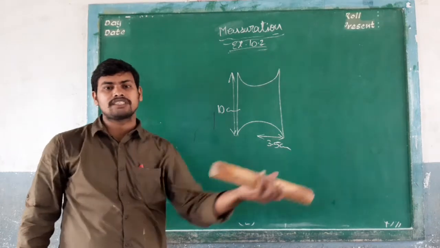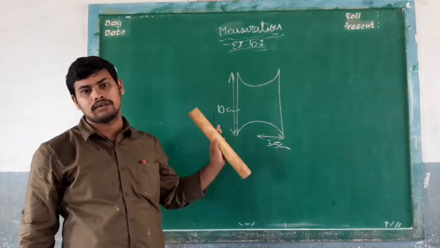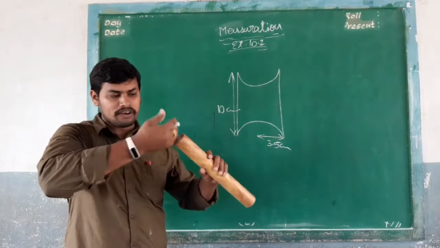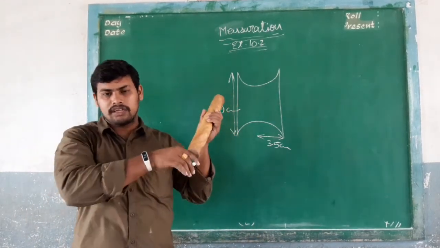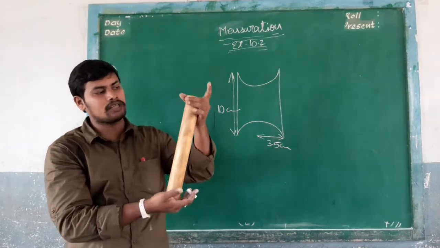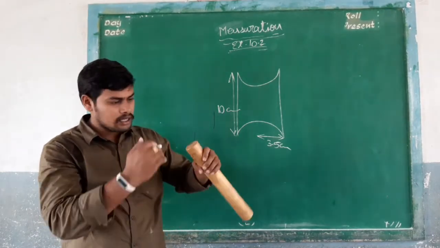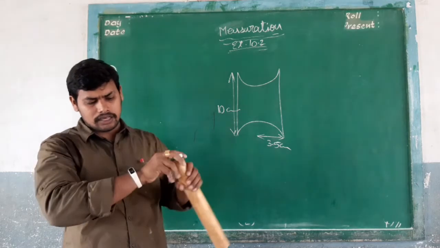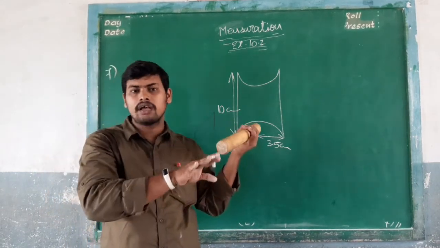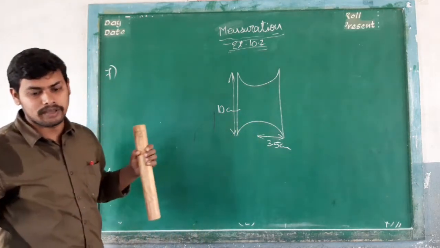Find the total surface area of the given solid. Here you have to scoop from this side, and from this side also. So you have to find the lateral surface area of the cylinder, then the lateral surface area of the hemisphere, and then again the lateral surface area of the hemisphere. Okay?